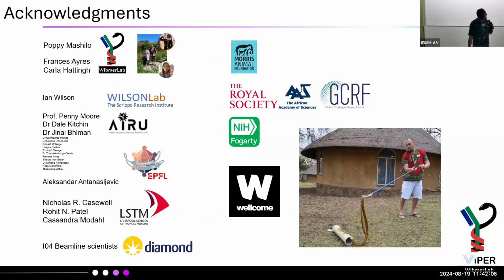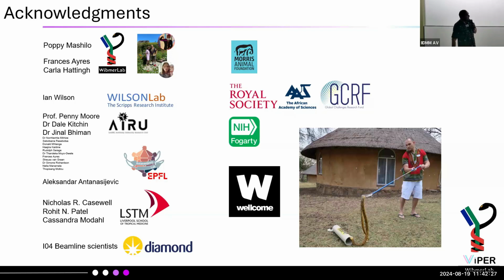So that is me. I have to thank Mashilo, who did a lot of the initial cloning expression work in the lab and then went off to better things. Francis Ayres, a PhD student who did some of the 3D structure work, and then Tyler Hutton has been doing a lot of cloning and stuff as well, and ELISA screening of breadth.